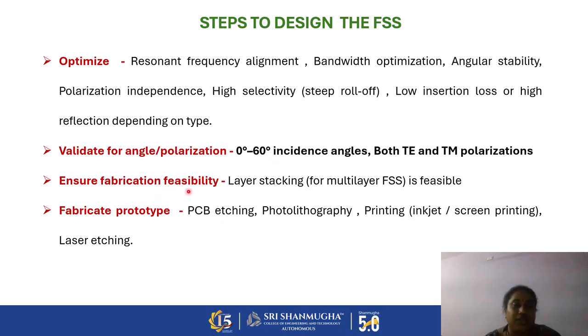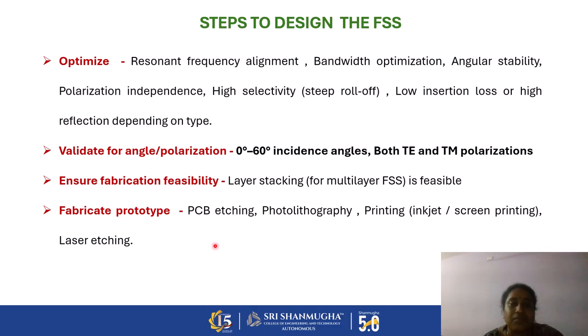And next one, fabrication. After completing the process of designing the FSS structure, next we are going for the fabrication process. Based on the layers, it may be a single layer, a multi-layer, a stacked layer, or a three-dimensional layer. Fabrication is utilized for the designed FSS structure.